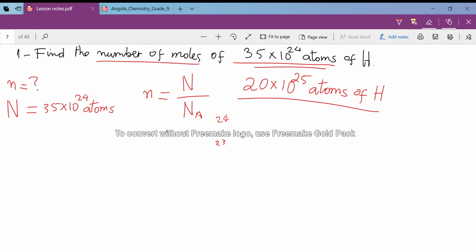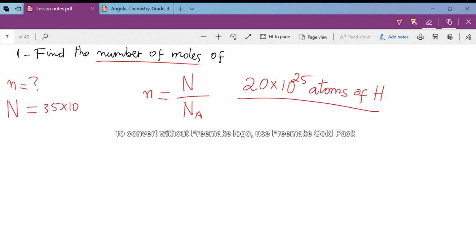So the formula is the same, but this time the number of particles will be different. It will be 20 times 10 to the power 25 atoms. But the formula is the same.